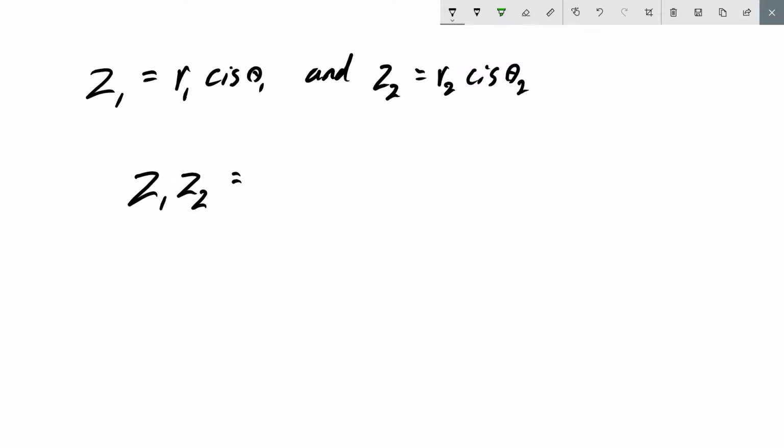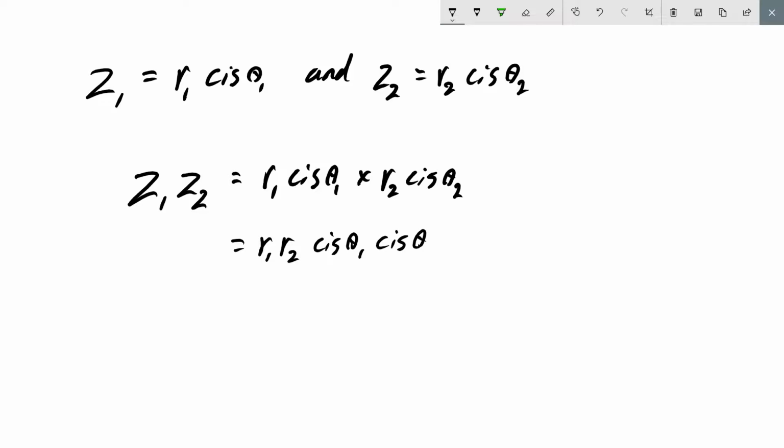How am I going to do this? Well, we can write it out as R1 cis theta 1 times R2 cis theta 2. We can get the r's together, so we get R1 R2, and then we have this cis theta 1, cis theta 2 business.